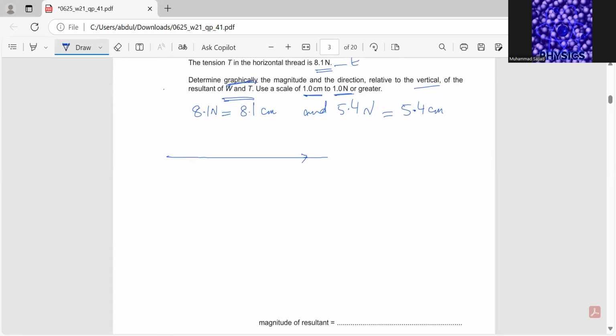Head of this vector will be joined with the tail of the second vector, which is 5.4 centimeters, roughly here.